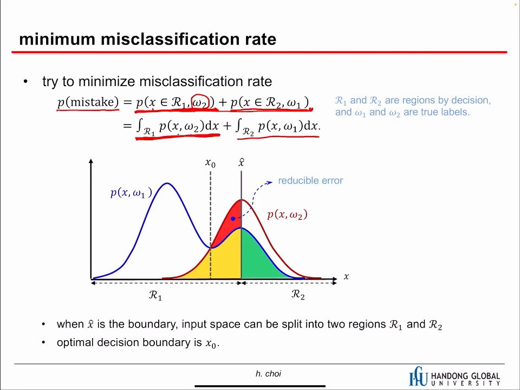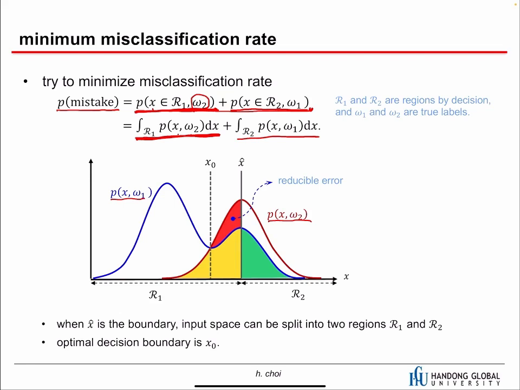And we can understand this integral more clearly with this figure. Okay, so let's say we have two probability distributions here and here, and at this point, these probability distributions are given. If we don't know these probability distributions, then we have to go back to the previous chapter and estimate them. Okay, so now let's assume these probabilities are given. We have a blue curve and a red curve.